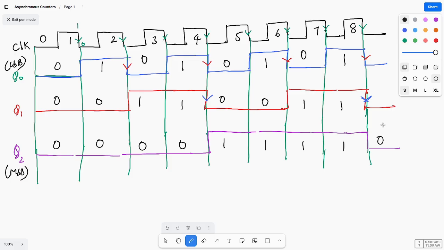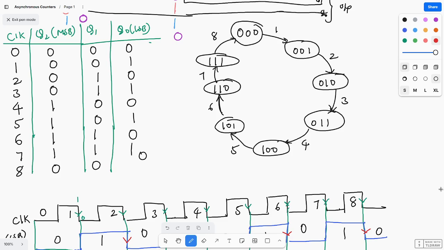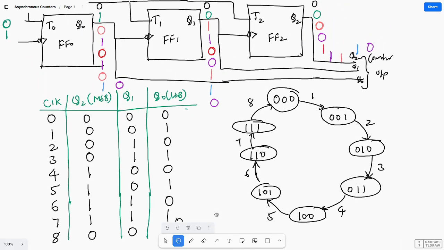Again it will come to the initial state 0 0 0. So this is 0, and this is 1 2 3 4 5 6 7. Again it is coming to initial state 0. So like this it is acting as an up counter. Asynchronous up counter. Hope you understood.